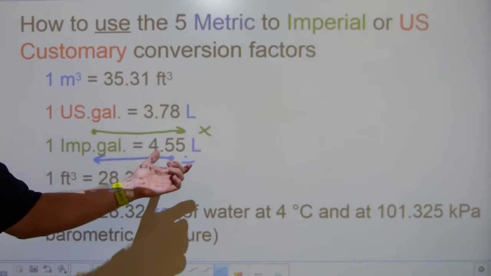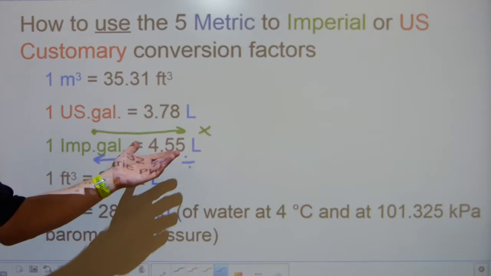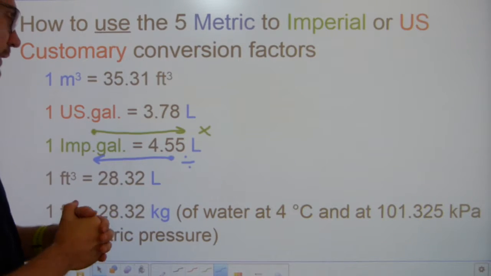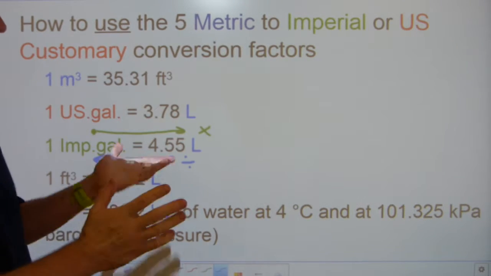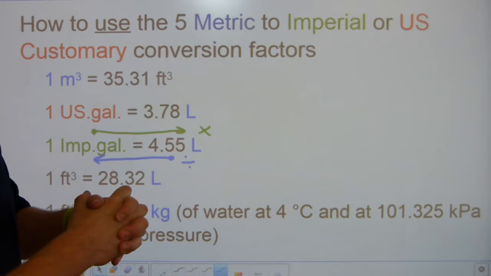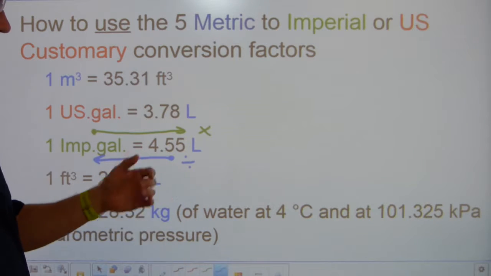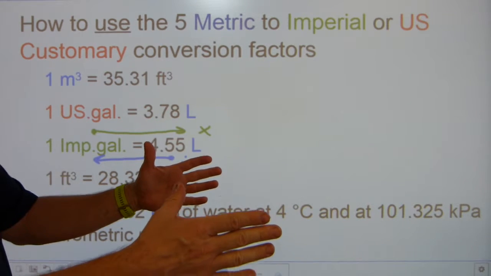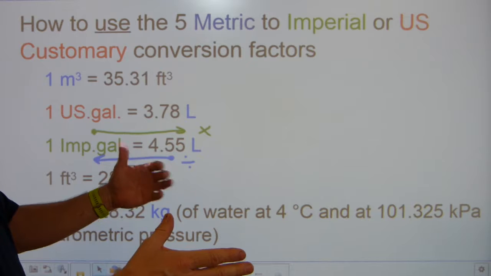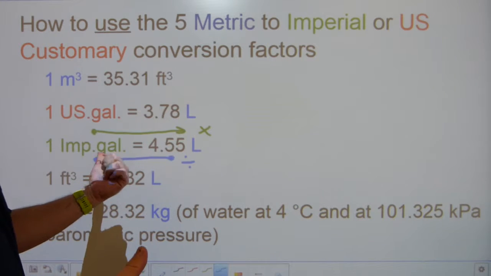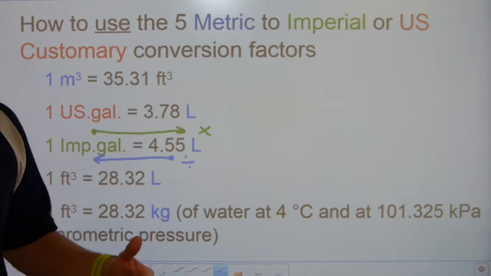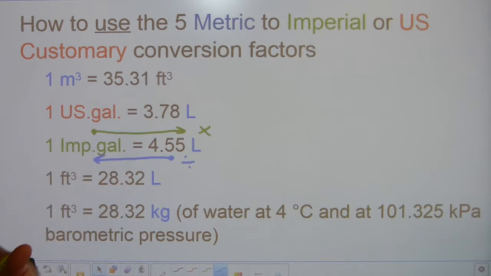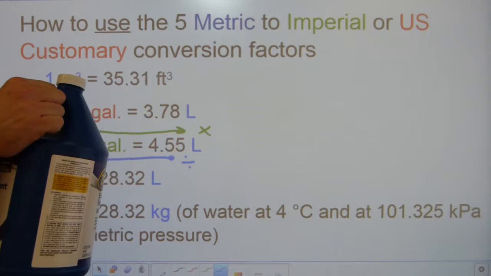If you're going the other way around, say you have, I don't know, 20 liters of liquid commodity, how about whey from cheese manufacturing, 20 liters of whey in a tank, it's a small tank. To measure its quantity and express it in imperial gallons, you're dividing a 20-liter tank into smaller chunks, imperial gallons, and it's a division problem.